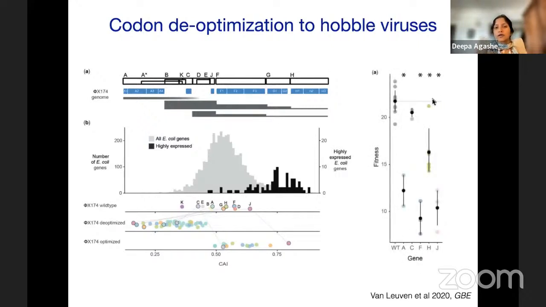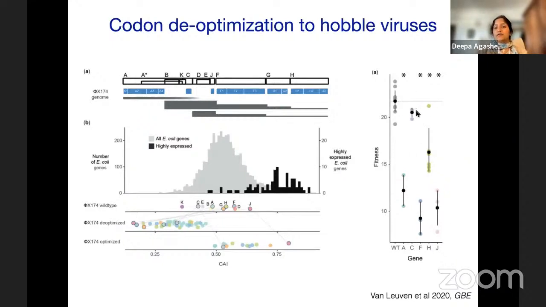So the horizontal line is the wild type. And so I think this gene is representing what happens with the wild type if you don't make too many changes here. Now, if you look at all these different genes which they've optimized or de-optimized, one thing you notice is they all are kind of bad compared to the wild type, right?